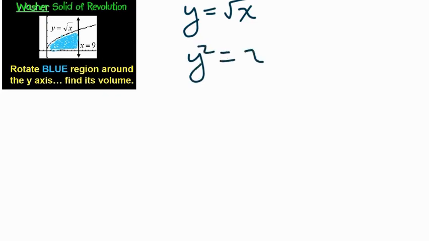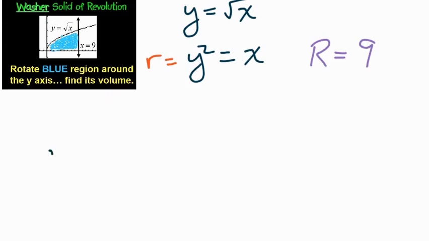So we actually end up saying that little r is equal to y squared, the x equals version of this equation. Now, big R is going to be the number 9. And we really have the two things that we need to be able to set up our integral.